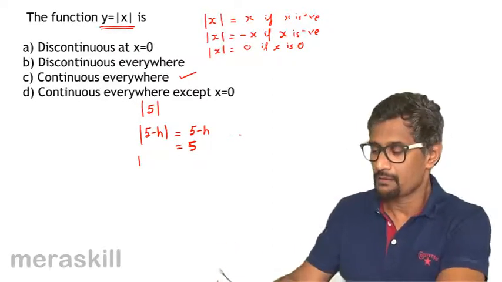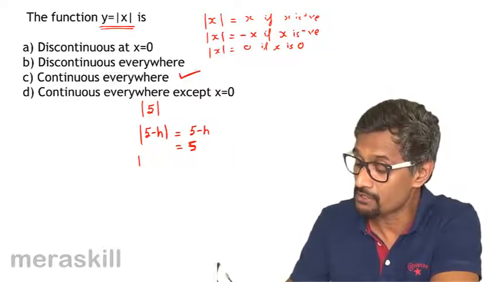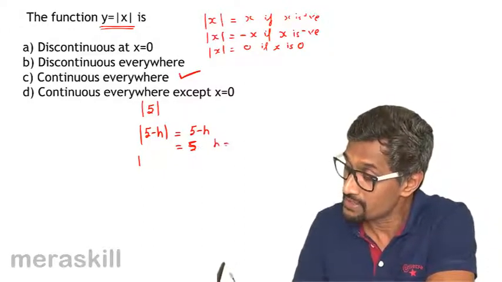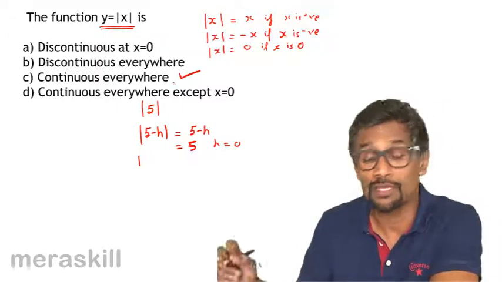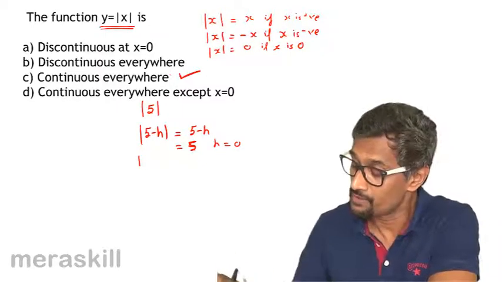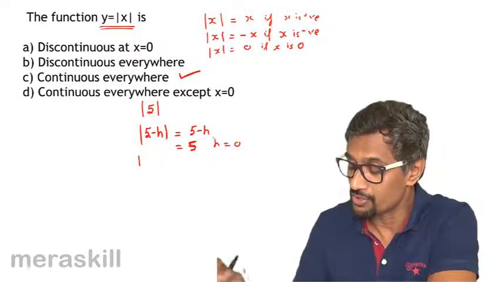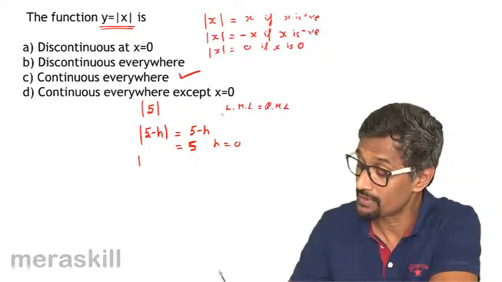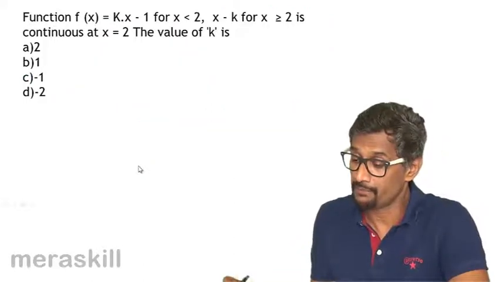So it's going to be continuous at any possible place, at any value of x. It's going to be a continuous function for all values of x. That is, the left hand limit as well as the right hand limit as well as the value of the function is going to remain continuous here. Okay, so it's continuous everywhere.